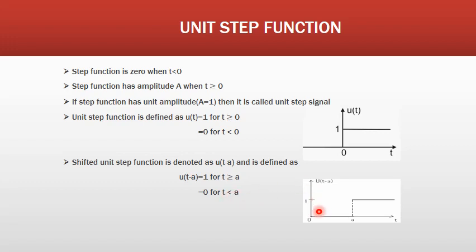The shifted step signal is shown in figure. Here, the signal is delayed by a units. We can also shift the signal left side of 0 axis. Then it is denoted by u of t plus a and is known as advanced step signal.